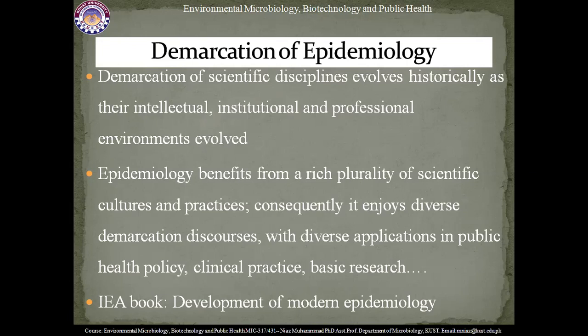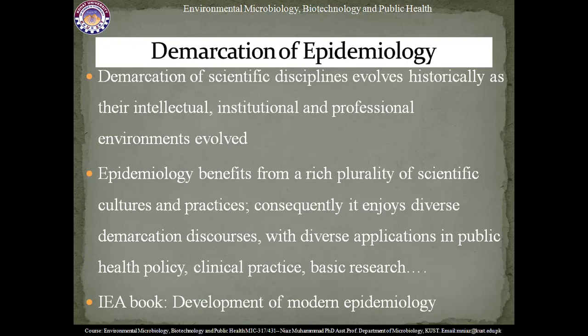They are intellectuals, they have records and information about the pattern and cause of the disease. They are professionals. They know very well that in this season, in this population, this type of problem is occurring, and the environment also modulates that disease. In this season, when temperature is this, humidity is this, air speed is this, and sunlight duration is this, in this time this disease is occurring. So this demarcates epidemiology.